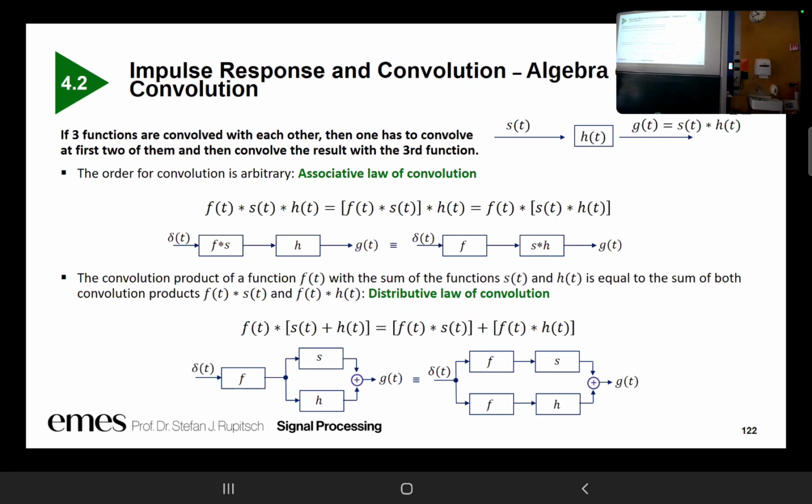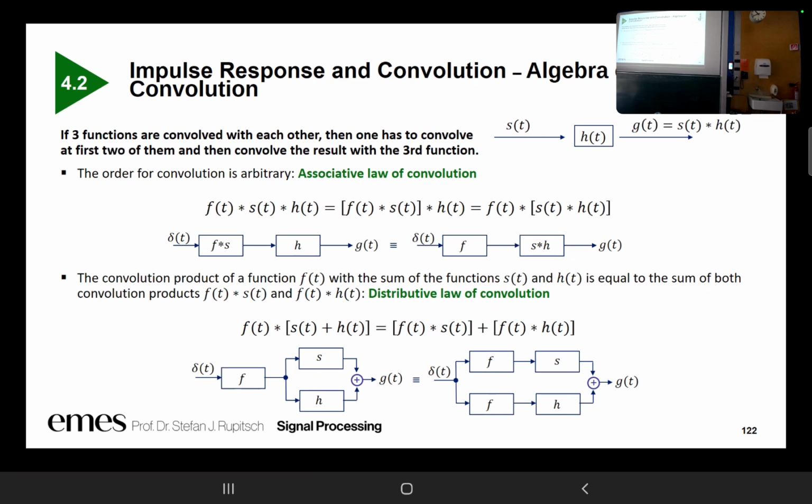For the convolution integral, the associative law of convolution is also valid. I think it's pretty simple, the same as for multiplication. a times b times c is equal to: you can perform a times b in advance and then look at the result, or perform b times c in advance and multiply it then with a. It's always the same. Right?